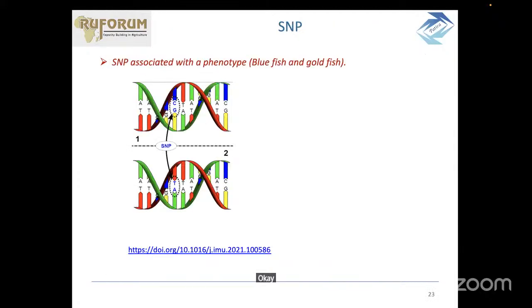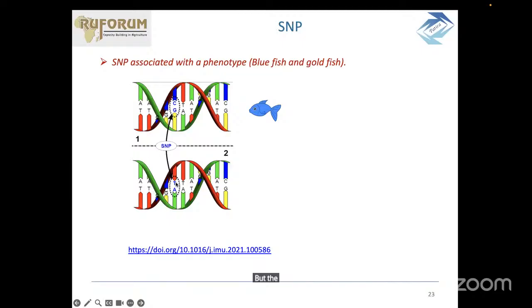I'm going to show this with this cartoon here. You have these SNPs, and everything is the same except there's a change here. Let's assume these SNPs occurred in a coding region. This is normal, so the color of this fish is going to be blue.